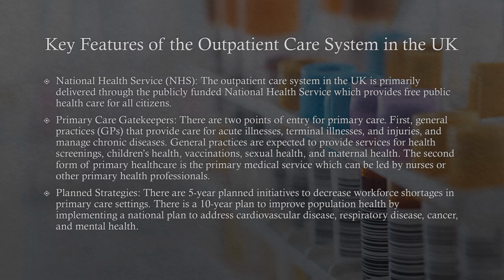So they're trying to reverse that shortage. And then there's a 10-year plan to improve population health by implementing a national plan to address cardiovascular disease, respiratory disease, cancer, and mental illness.